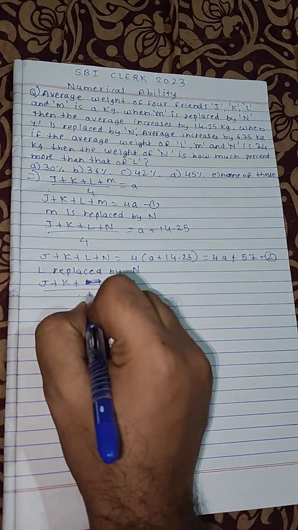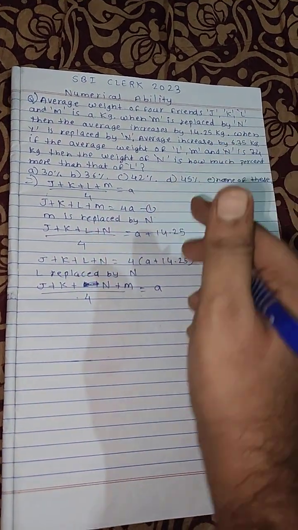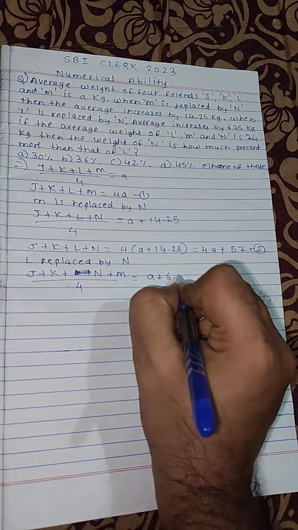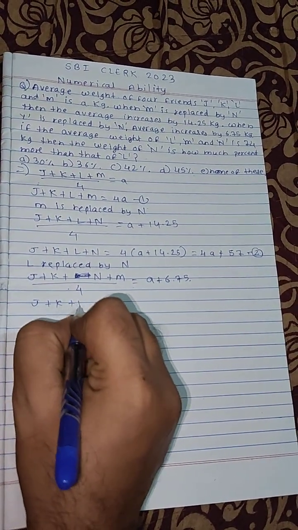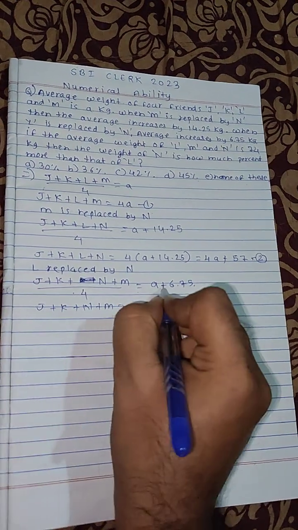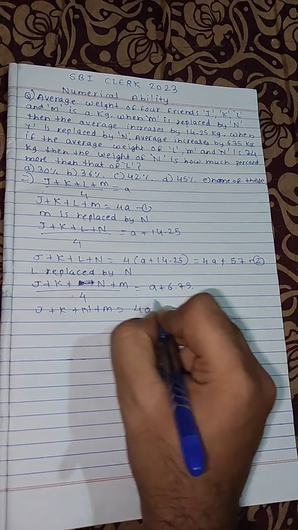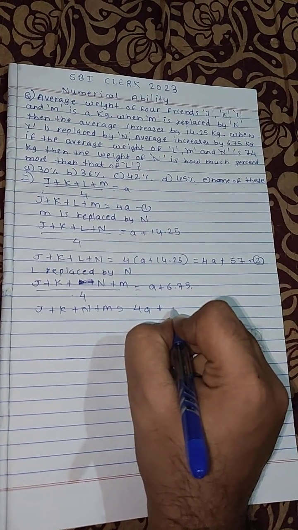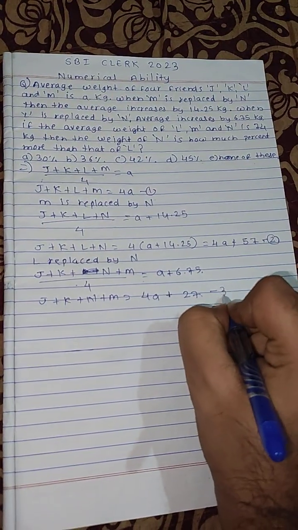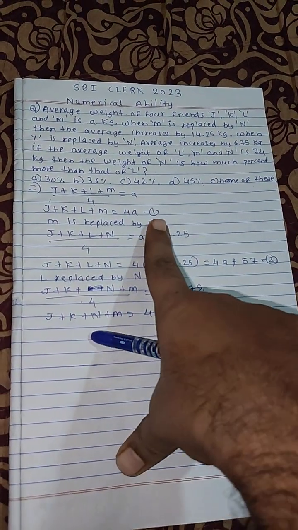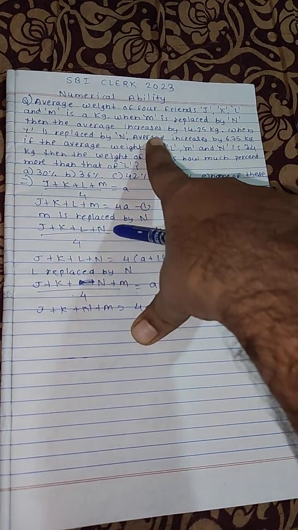The average is A and it is increased by 6.75, so we can write J + K + N + M = 4A + 4 into 6.75, and 4 into 6.75 is 27. So we have solved these, and we have got a total of three equations, 1, 2 and 3. Up to here we have solved all the info.